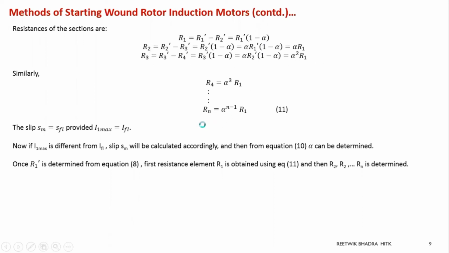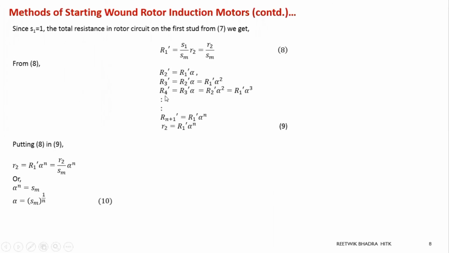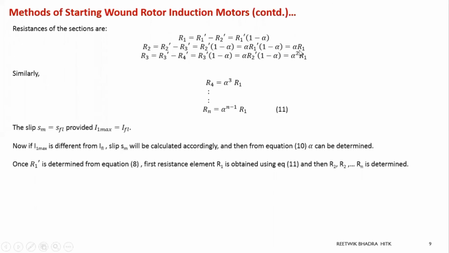So you don't need to calculate this R2 dash, R3 dash, R4 dash separately. So you can go by the second method also, by calculating R1 and go through this process. Whichever suits best for you, you can do it. You can calculate all the dash values and calculate R1, R2, R3. Or you can calculate only R1 by this formula and then go for this second formula.